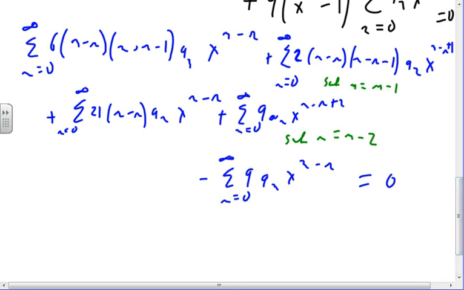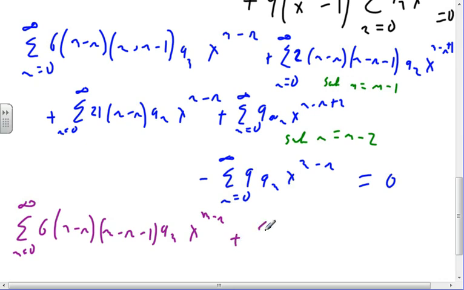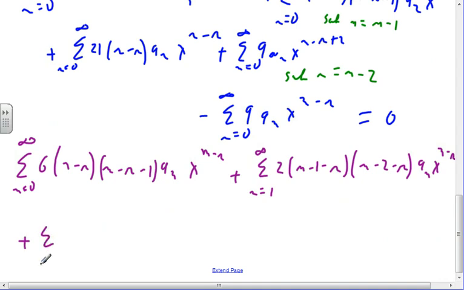That's the plan. So I've got summation 0 to infinity 6(n minus r)(n minus r minus 1) a_n x to the n minus r, plus summation n equals 1 to infinity 2(n minus 1 minus r)(n minus 2 minus r) a_n x to the n minus r, plus summation n equals 0 to infinity 21(n minus r) a_n x to the n minus r, minus summation n equals 0.